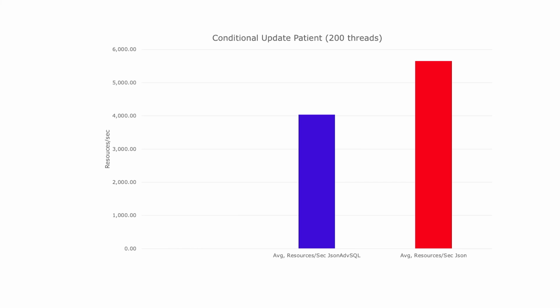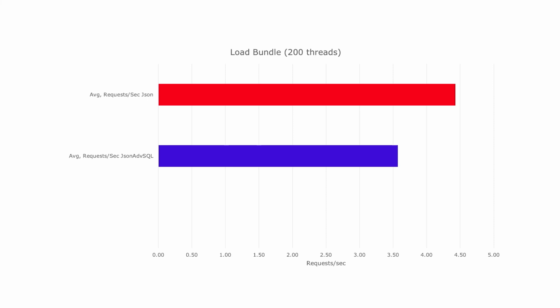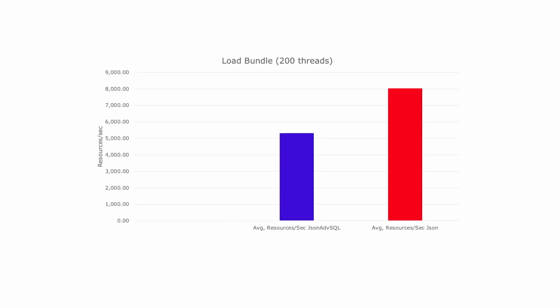With JSON Advanced SQL, we're getting about 4,000 updates per second. We're getting roughly 5,500 with JSON. Loading bundles, a little bit better for JSON versus JSON Advanced SQL, 3.5 and 4 for JSON. And then here's the number of resources per second that we're able to load, 5,000 versus roughly 7,000.